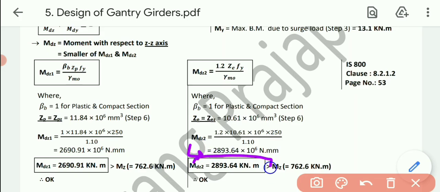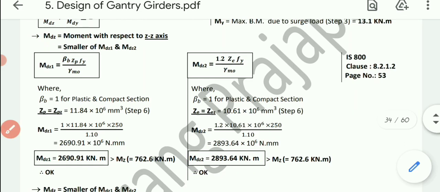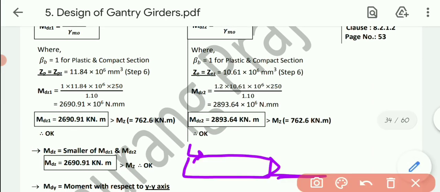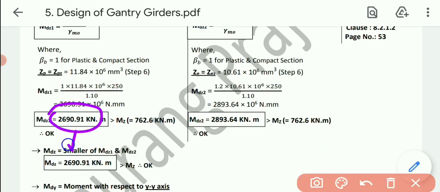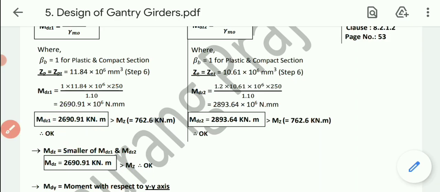Let's convert it into kilonewton meter, multiplying by 10 raised to minus 6, and it should be greater than Mz, that is 762.6. It is greater than that, hence okay. So finally Mdz is the minimum of these two values, and the smaller value is obviously this one, 2690.91 kilonewton meter, which is greater than Mz, and it's okay. So the first criterion is satisfied.